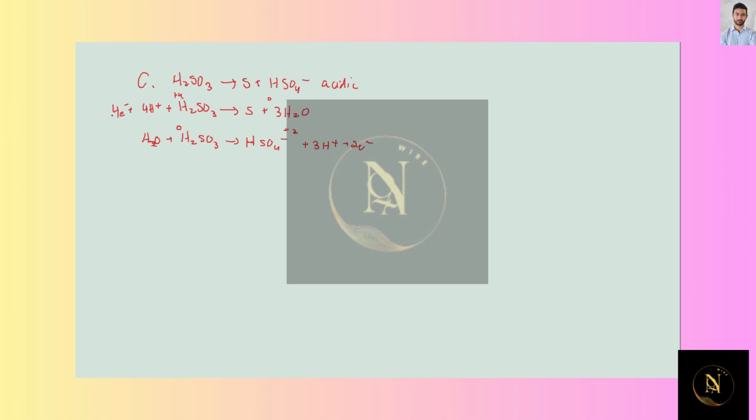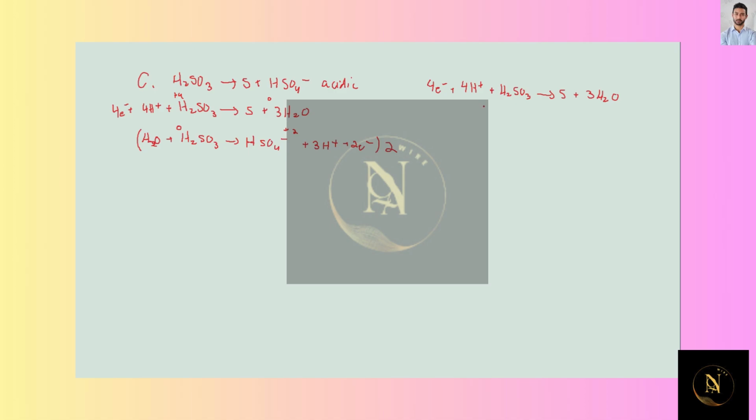Now I have 4 electrons in the first reaction, 2 in the next one, so I'm going to multiply this reaction by 2. And then I'm going to rewrite. I'm going to come over here just for some more space. So I'm just going to rewrite this one as is first. So this one is 4 electrons plus 4 H pluses plus H2SO3 yields sulfur plus 3 H2O.